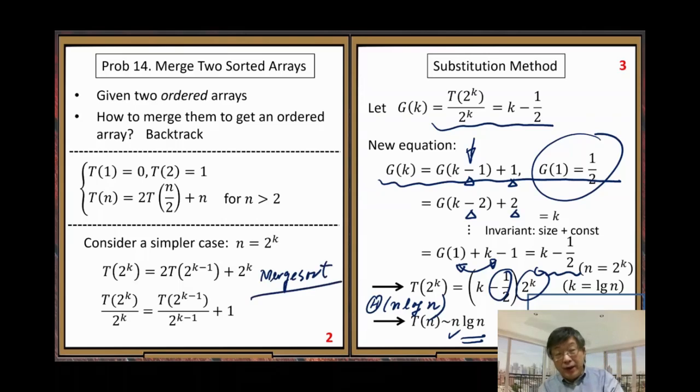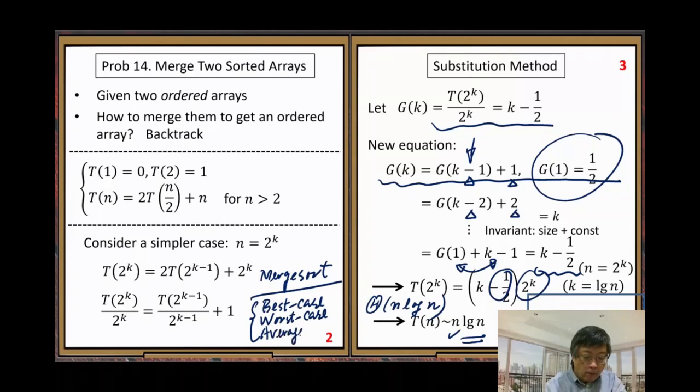Although we may not do it here, I just let you know these three cases: best case, worst case, average case, are all big theta of n log n.